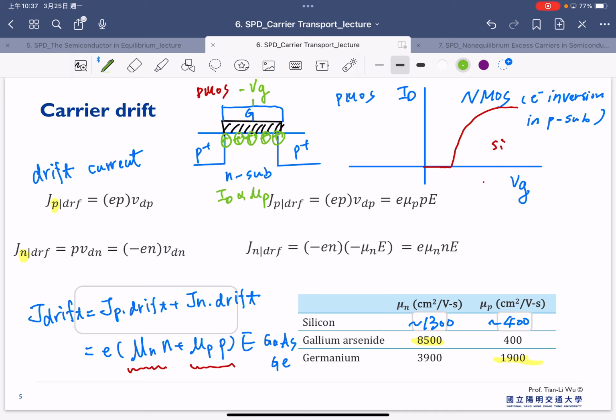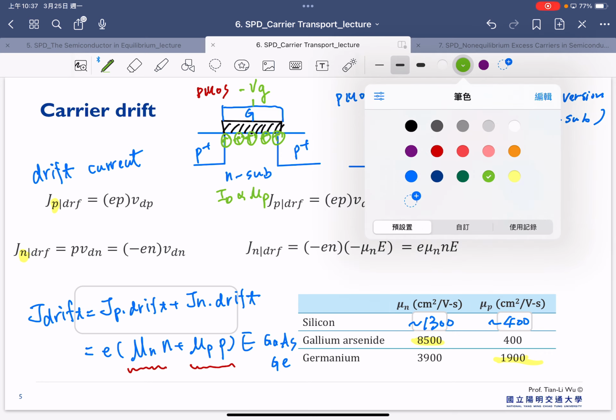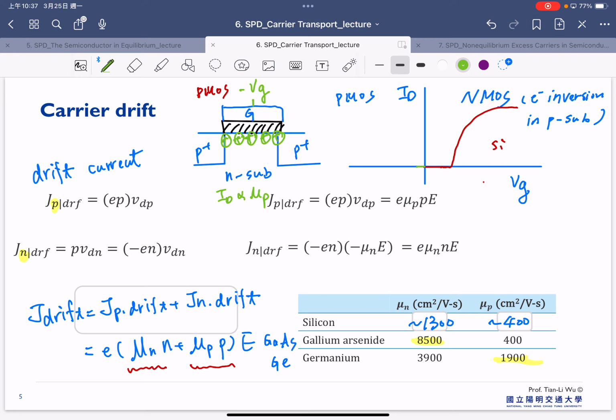So therefore, how does this define operation? In the beginning, as I said, we apply negative gate bias. So we're starting from 0 to negative. Once it is negative enough, you start to attract the holes. You start to generate the positive charges in the channel. So therefore, you start to have the current.